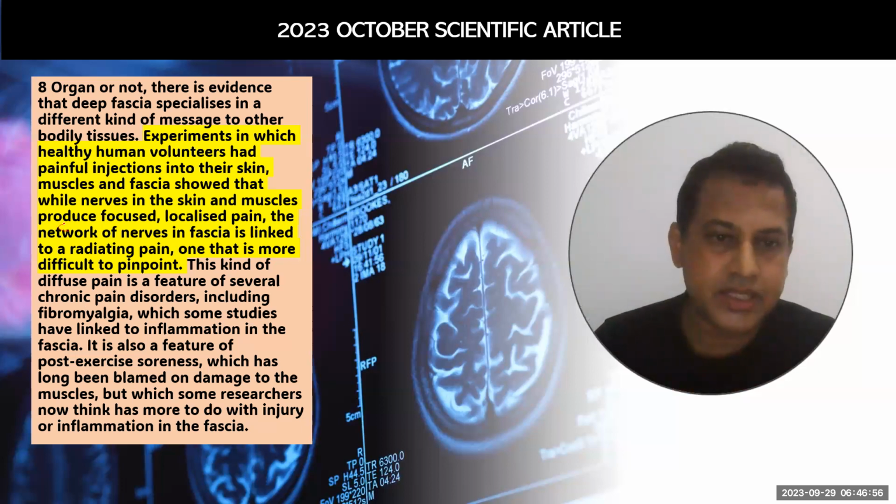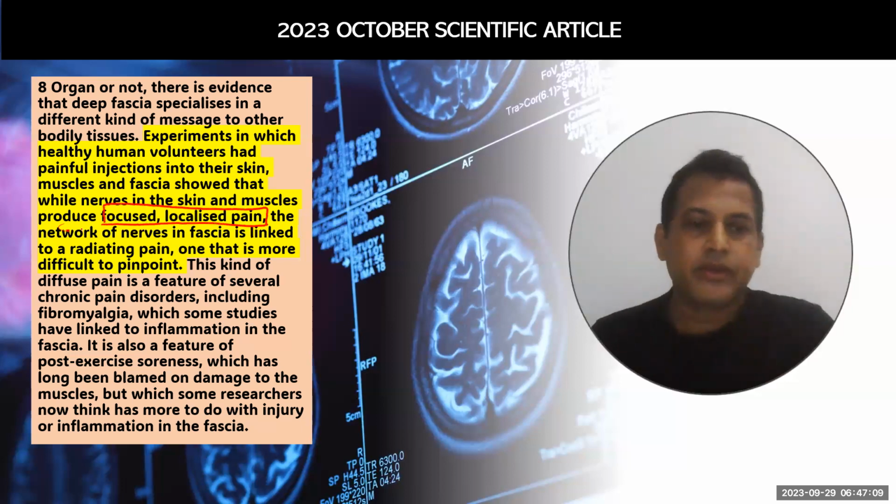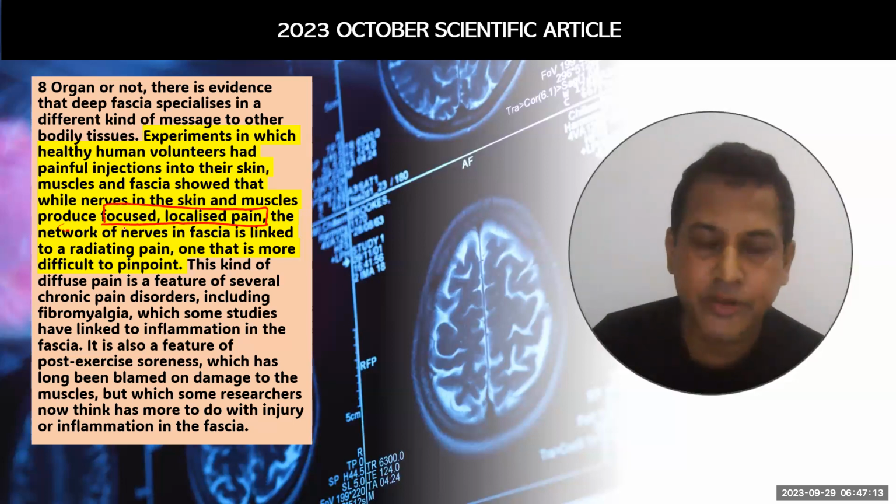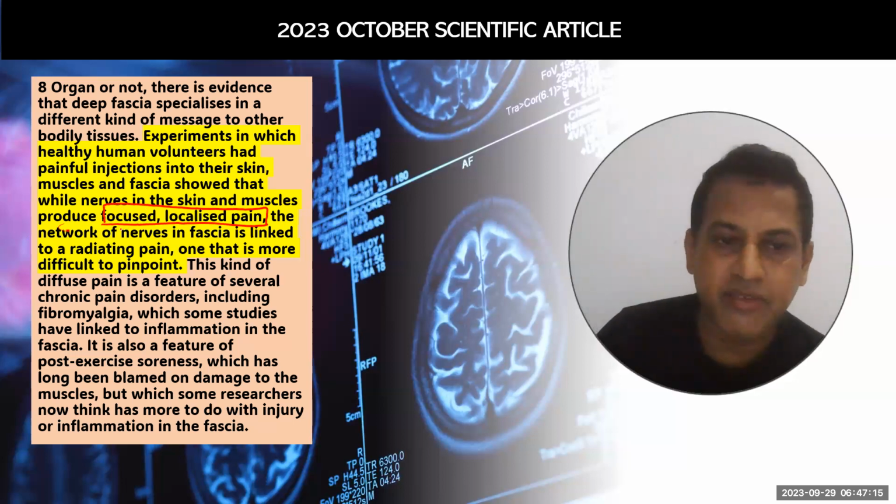generated. One is focused, localized pain. Focused, localized pain is one type of pain. That means pain is just at one place, and the other type of pain is called radiating pain.